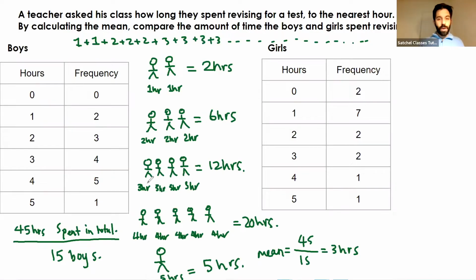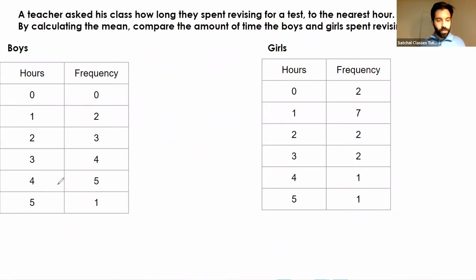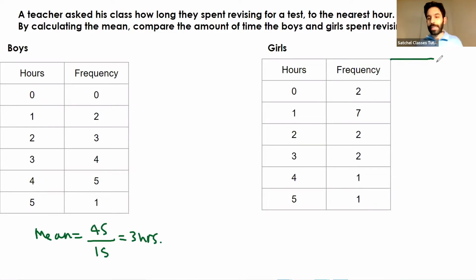So I'm just going to rub out this diagram that I've drawn. So we said for the boys, the mean was equal to 45 over 15, which is equal to 3 hours. Now for the girls, I'm going to use the method that I've shown you, and this is the method you would use for most frequency table problems and in an exam. So what we need is an FX column.